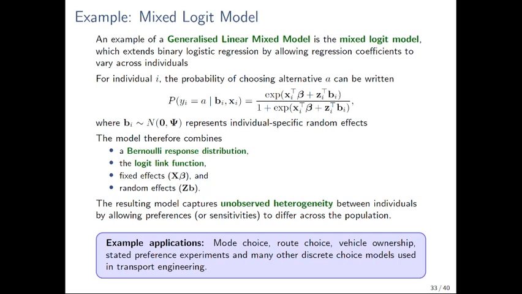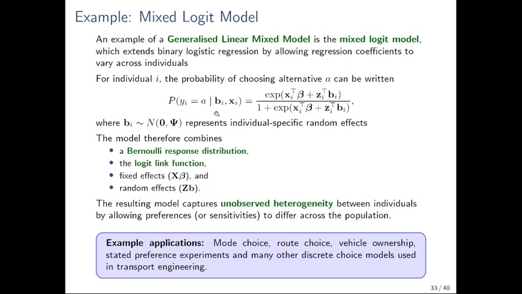So this model combines all of the ingredients we've developed. We've got a Bernoulli response distribution, we've got the logit link function, we've got fixed effects, and we've got random effects. But crucially, what this model affords is the ability to capture unobserved heterogeneity between individuals by allowing their preferences or sensitivities to differ across the population.